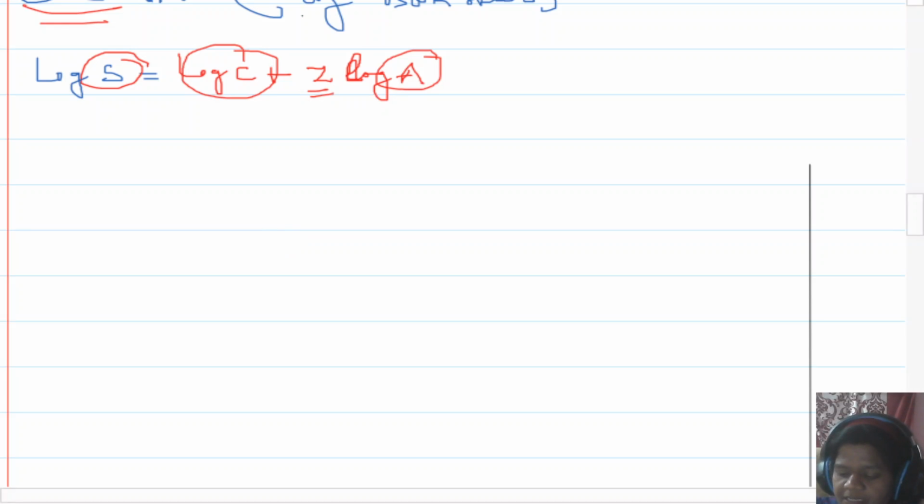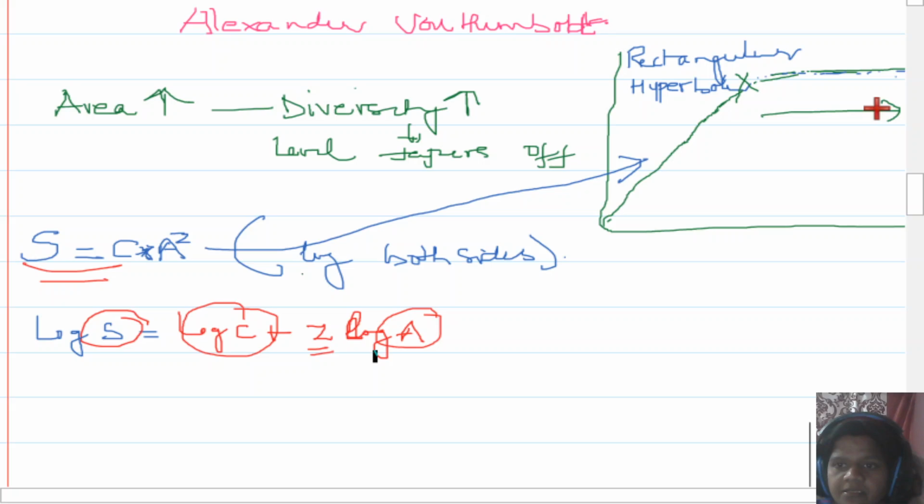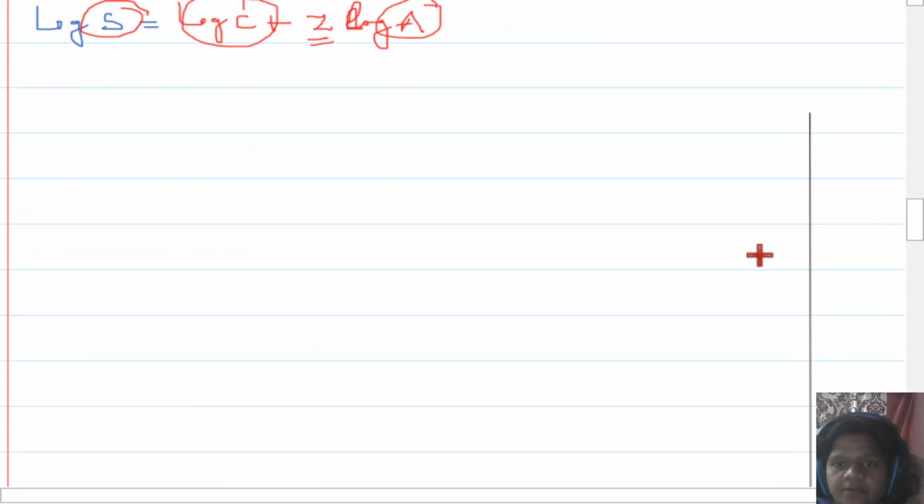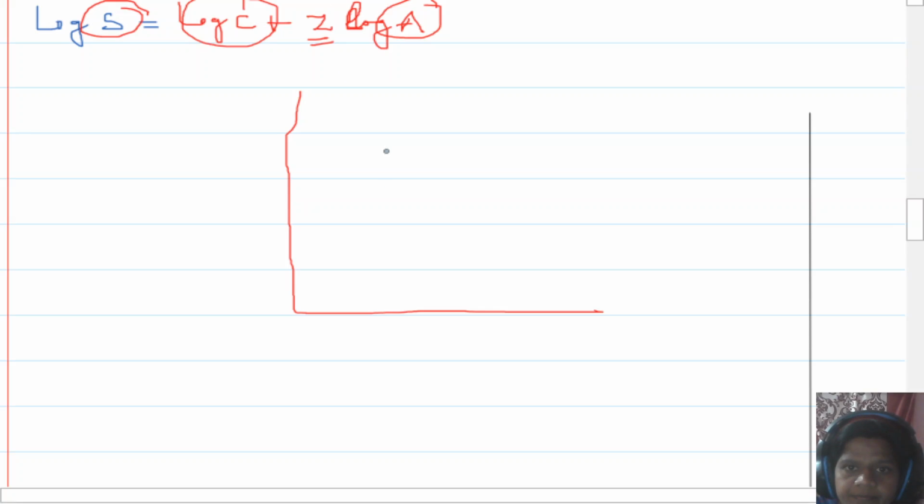Now because this was a rectangular hyperbola, we've taken log and now we get a straight line. And that looks something like this. This is the slope.